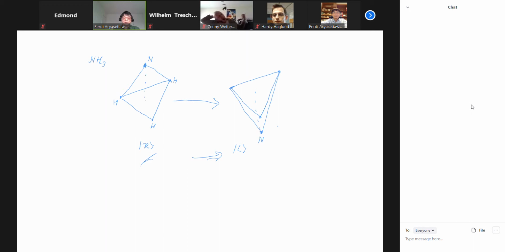So the double well case that we considered is a kind of model of this ammonia molecule. One configuration corresponds to the right state and the other one corresponds to the left, and there's an energy barrier between the two.